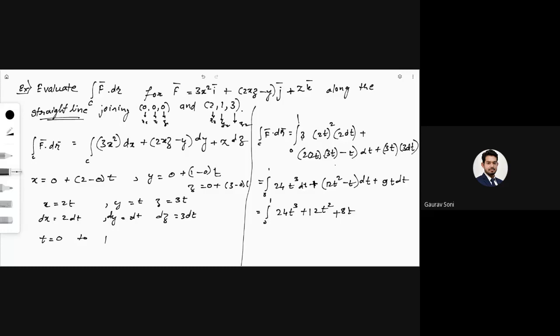Sir, it will be t square. Which one? The first term. There's t square. Yes. Mm, yes, sorry. 24 t square. 24 t square.